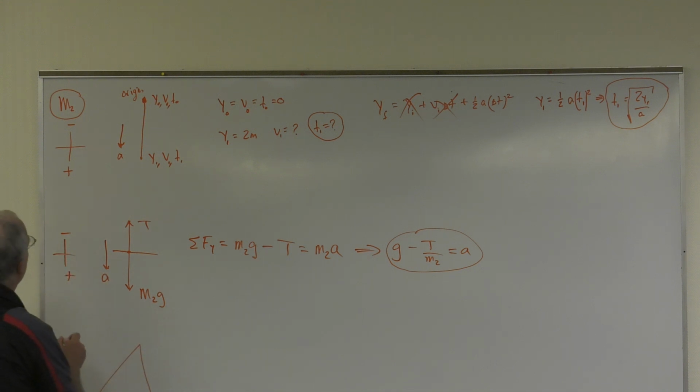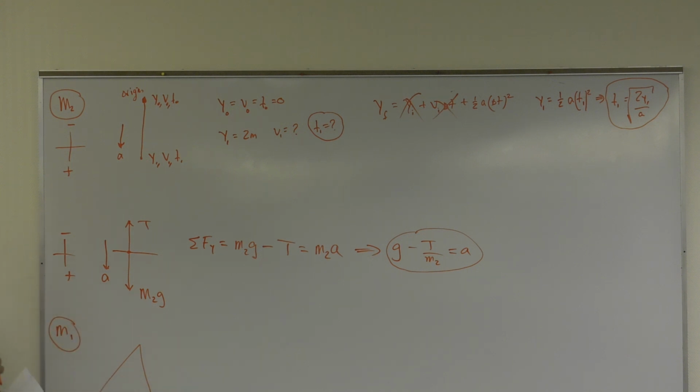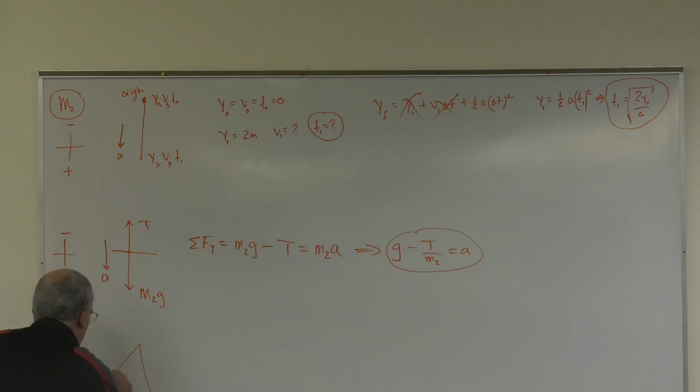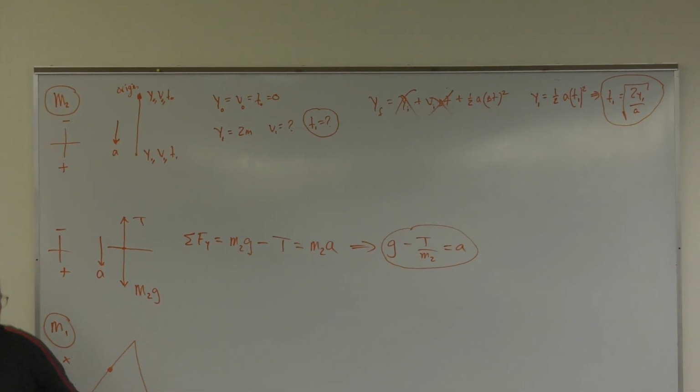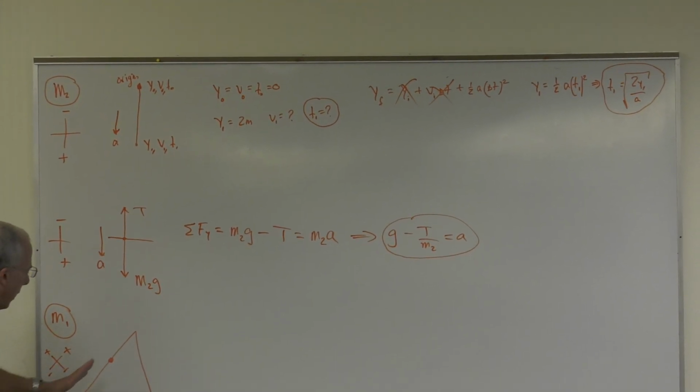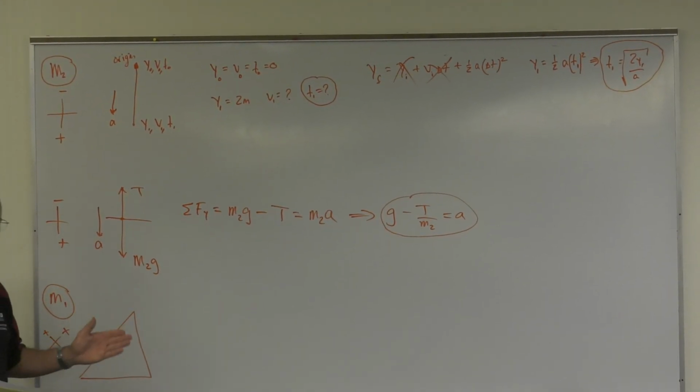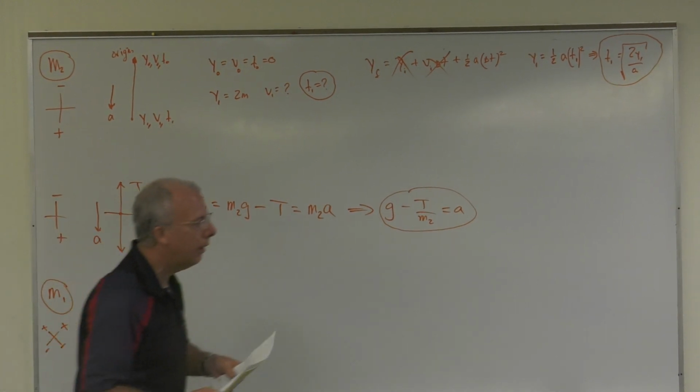Okay, so now I'm going to tell my brain I'm working on M1, right? Because I don't want to goof up. And now I'm going to use a tilted coordinate system. That should be obvious. And I'm just going to use a Randy Knight coordinate system, right? Because it's going to accelerate this way. And I want the acceleration to be positive. Why? Well, why not?